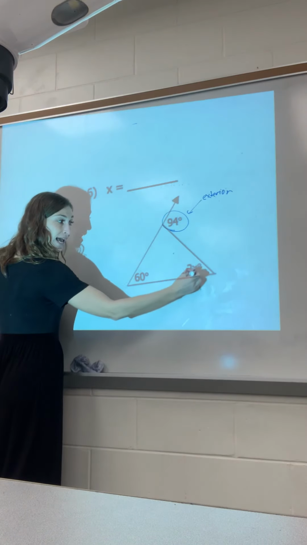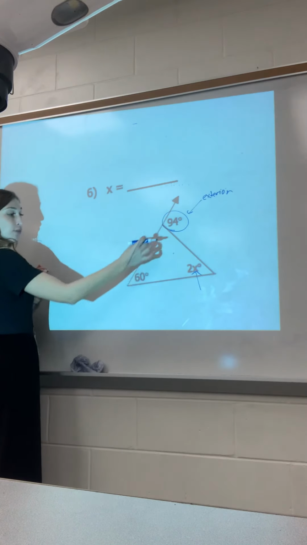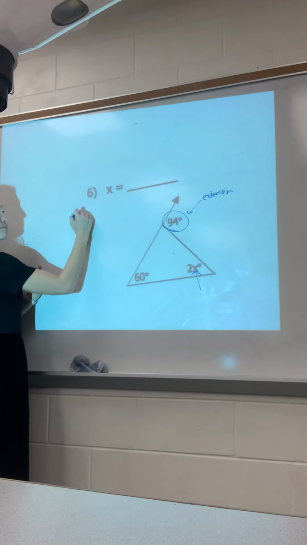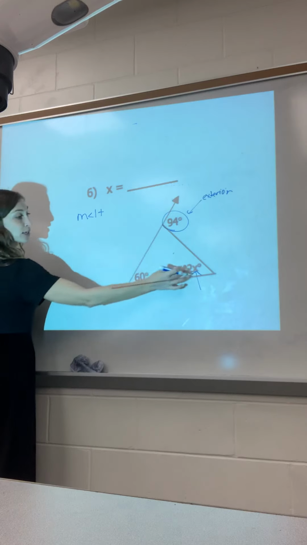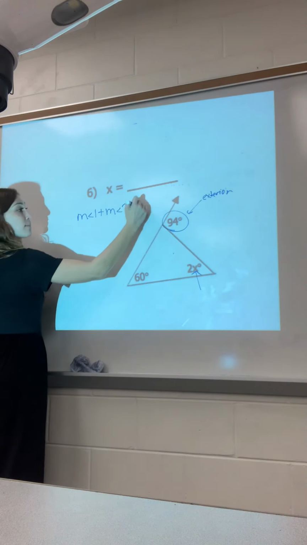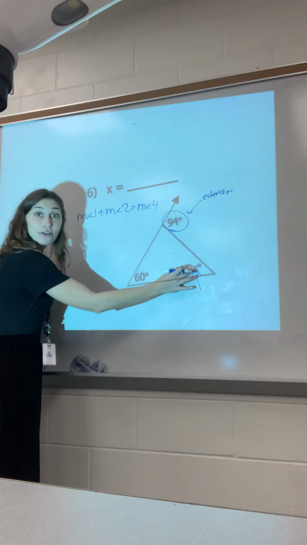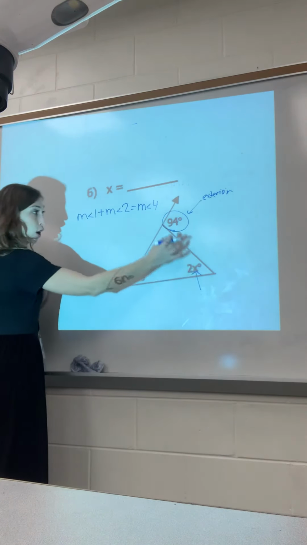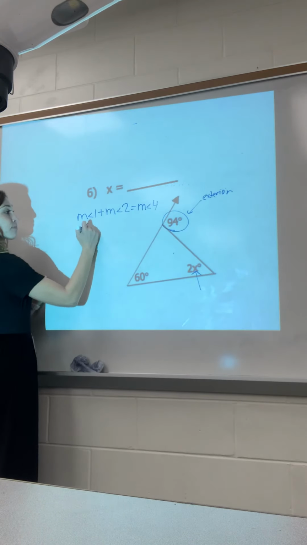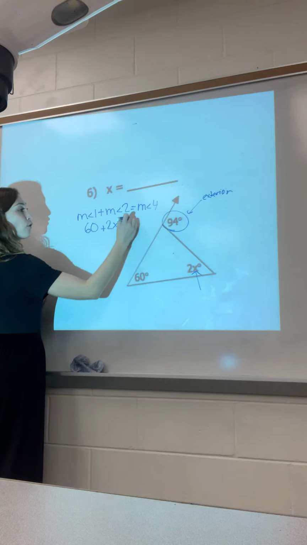And they want to know what x is. What is x? Okay? So if I know that the measure of angle 1 plus the measure of angle 2 gives me the measure of angle 4, which is my exterior angle, then I can now solve for x. So I'm going to do 60 plus 2x equals 94.